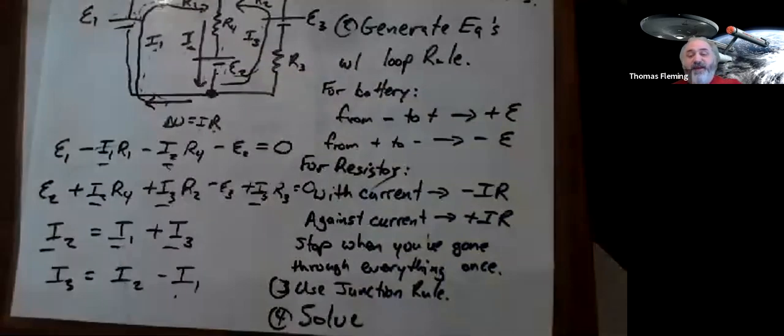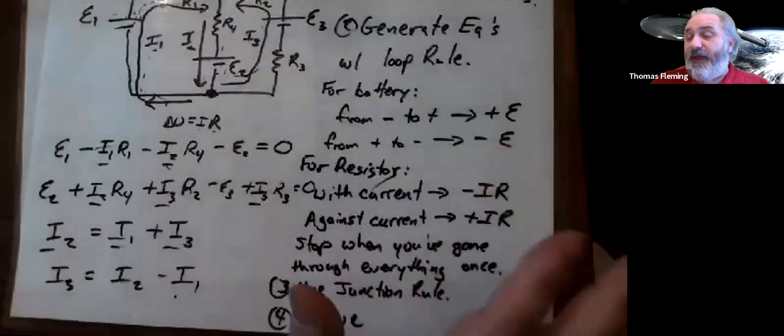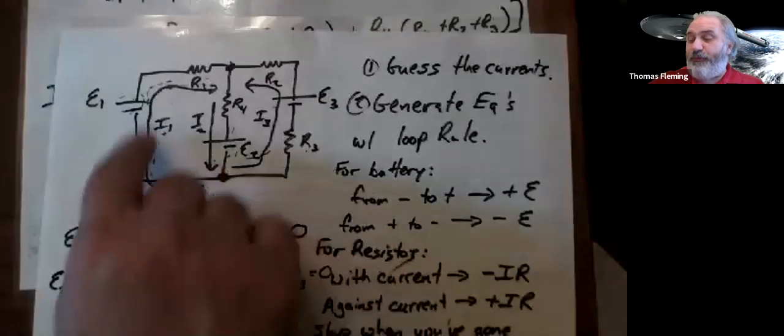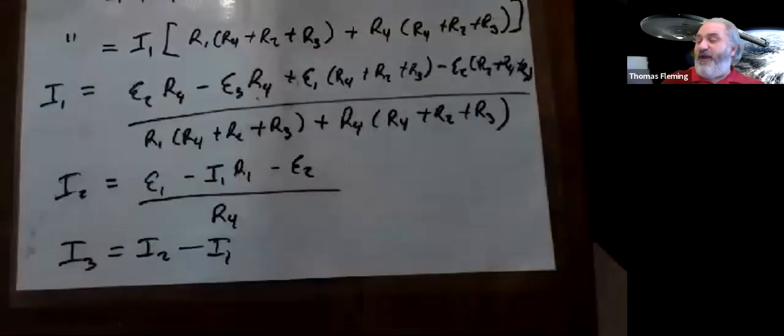Now, what can happen is I can make the circuits way, way more complicated than this, right? Here, I only had 3 currents. But what if I had instead been a jerk? Because you know I like to be a jerk. What if I'd given you something super crazy?